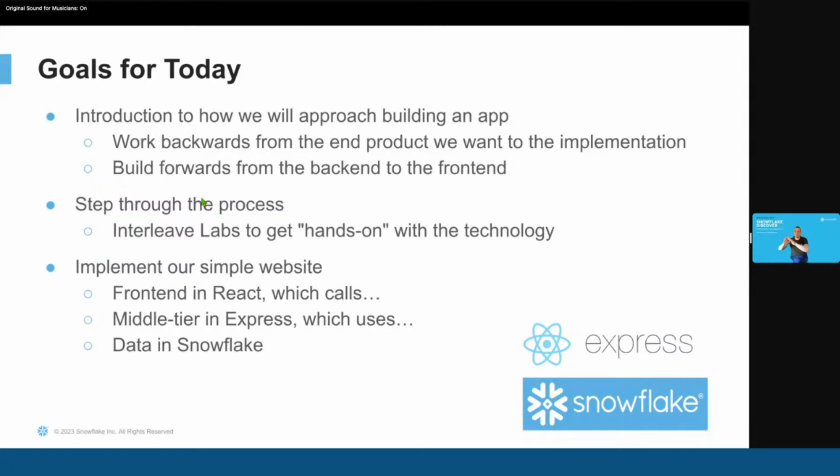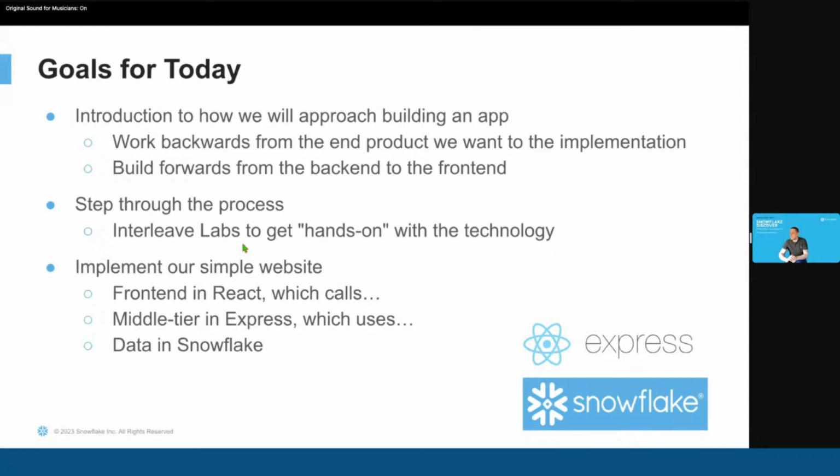So we've looked at what we need to produce, and we've worked backwards from there. And I'll go through more about what that means in a minute. And then once we know what we're working towards, we'll build forwards from the back end to the front end. As I've just mentioned, we're going to interleave labs to get hands-on with the technology. And once the quick start is out, all of you will be able to do pretty much exactly what you're going to see us do.